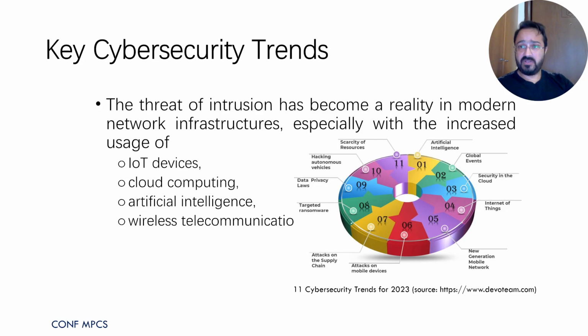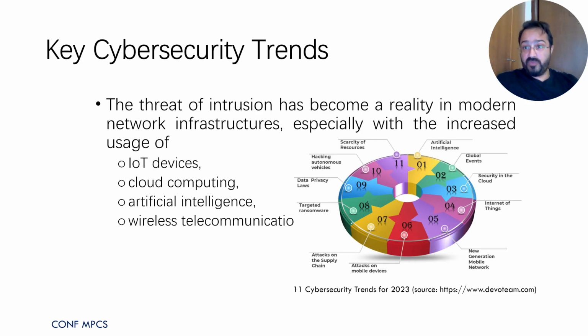Another interesting trend is security in the cloud, because the cloud is a different environment with more power, different needs, and virtualization, which makes it unique. So new cybersecurity measures are needed.